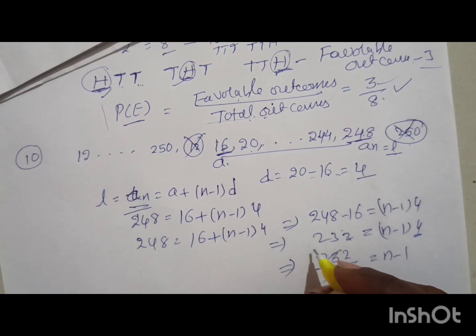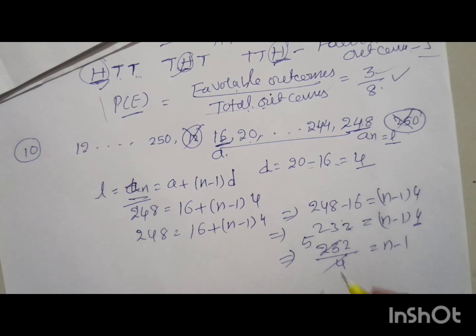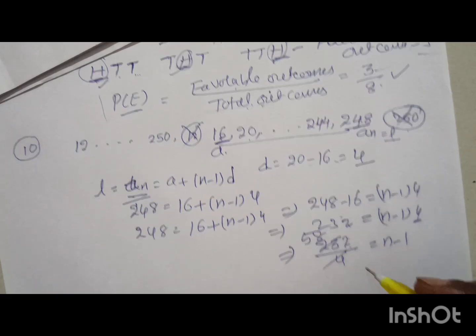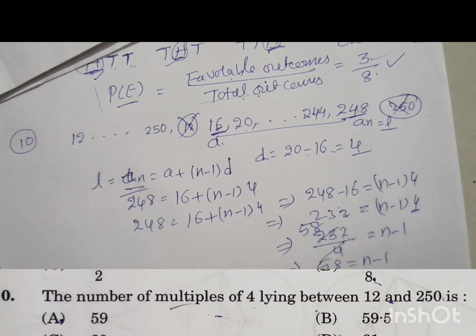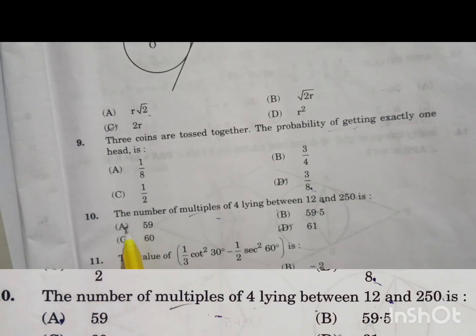That gives 58 equals n minus 1. Now 1 is transferred to the left side, changing the sign, so 58 plus 1 equals n. Therefore the value of n equals 59. A is the correct option.